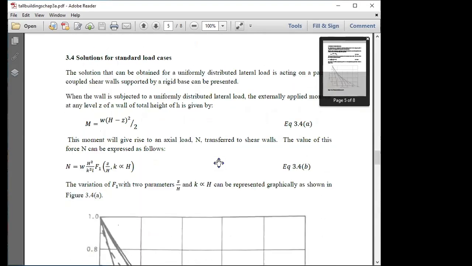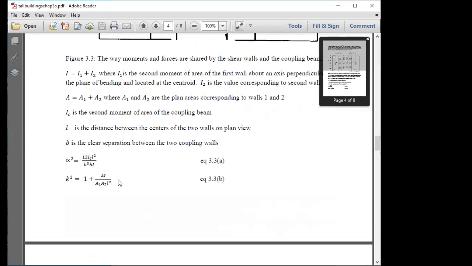You can just take down these two expressions. Alpha squared is equal to 12 I connecting beam L squared divided by b cubed H I, and K squared is equal to 1 plus A I over A1 A2 L squared.